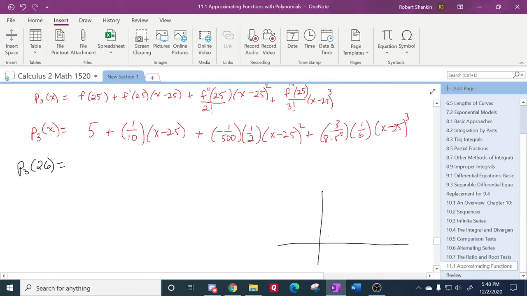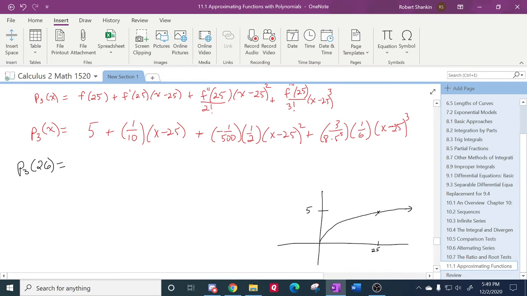Graphically, the square root of x is this function that looks like this. When you're at 25, you know you're at a height of 5.